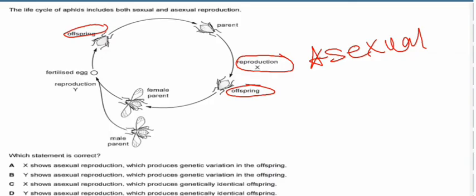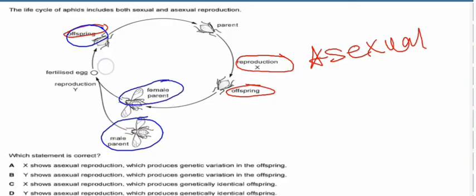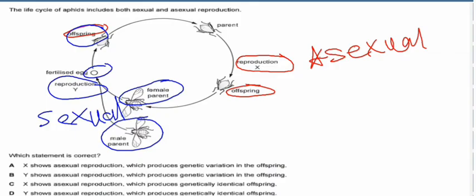Then for this offspring at this point here, it was produced by sexual reproduction, because here we have the male parent and here we have the female parent, and they are meeting here, which is the fertilized egg, reproduction Y. So at reproduction Y, we are going to have sexual reproduction, because there is a fusion of a male gamete and a female gamete.